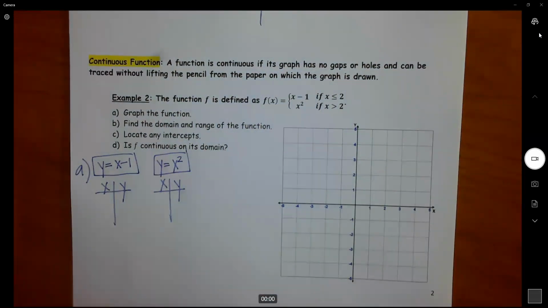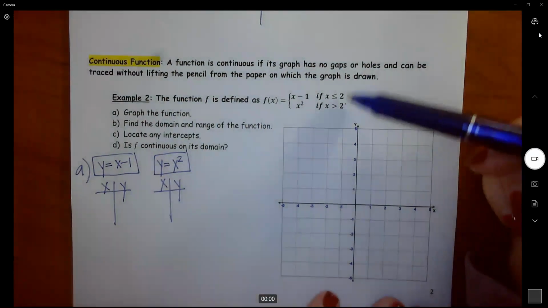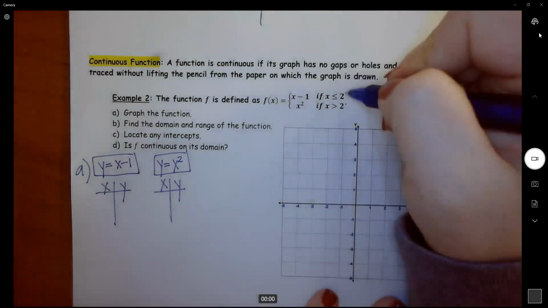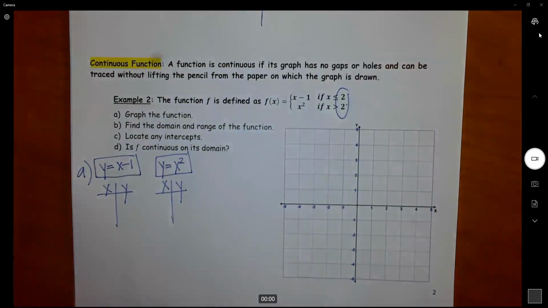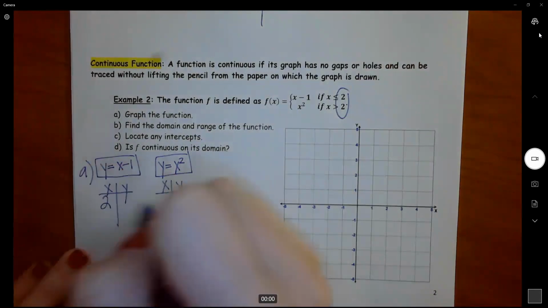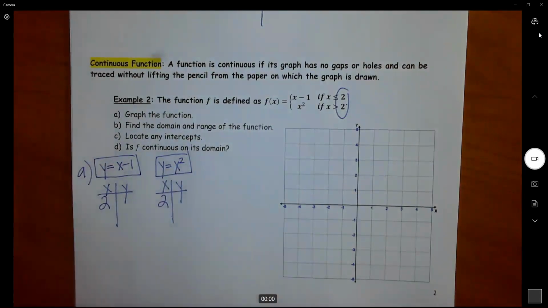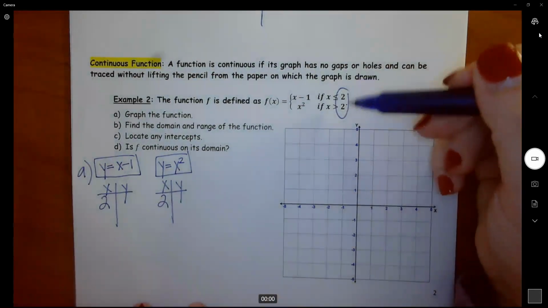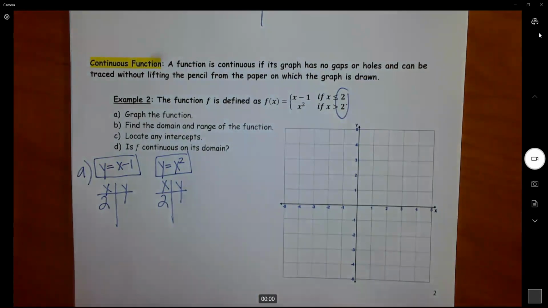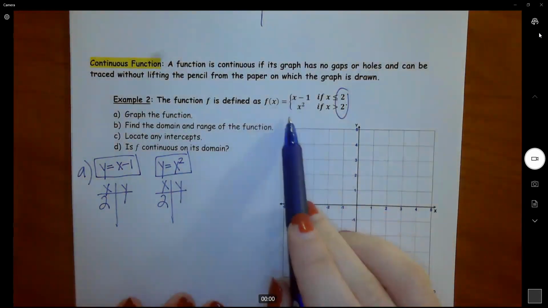The important part of this graph is that it stops and starts right here when x is 2. So my first point on both of these needs to be that critical portion of when it changes from one equation to the next.